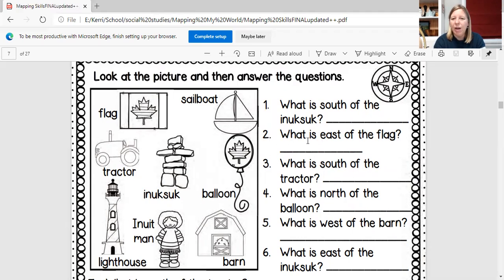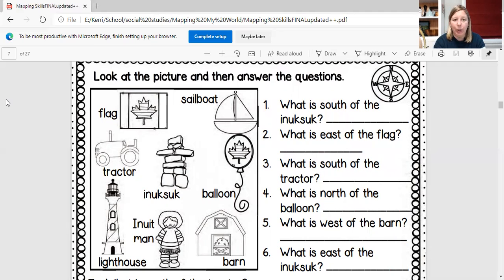Number 2, what is east of the flag? Can you find the flag? You're right, there it is, the flag. What is east? What direction is east? East, good. Now what is east of the flag? You're right, the sailboat.